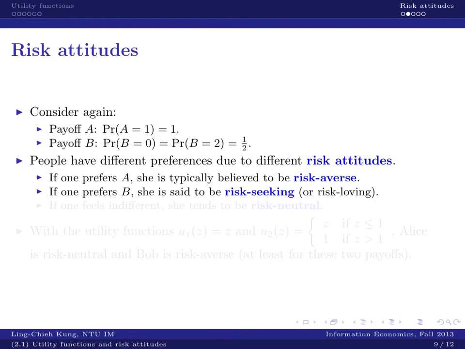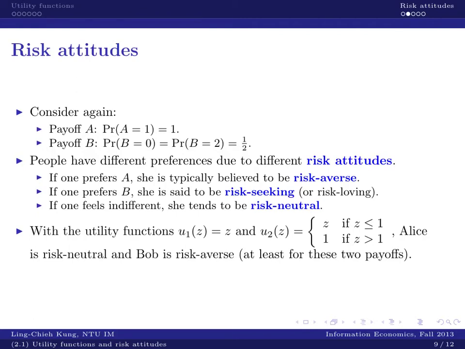On the other hand, when we have these two payments, but one person prefers B, then we say that person is risk-seeking or risk-loving. Or if someone is indifferent between these two payments, we typically say she is risk-neutral. Risk-averse, risk-seeking, or risk-neutral.